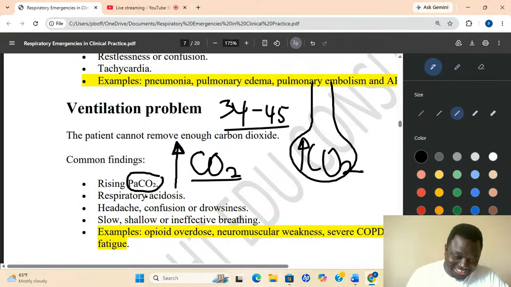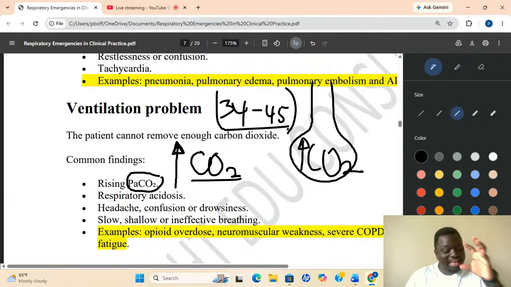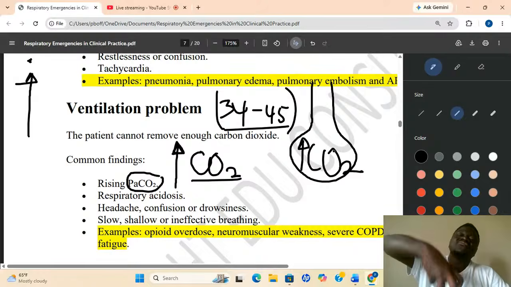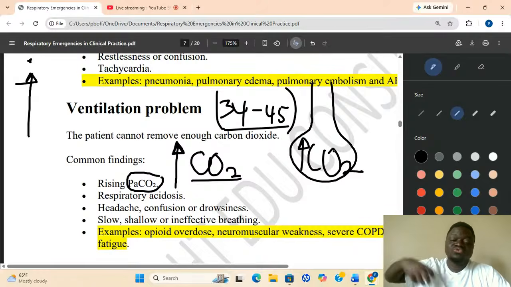In the blood, if I take your blood from an artery and give it to the ABG analysis machine, I will see higher levels of CO2 in the blood. How about the lungs? Do I have to pass a tube down and fetch CO2 sitting in my lungs, like in COPD patients?